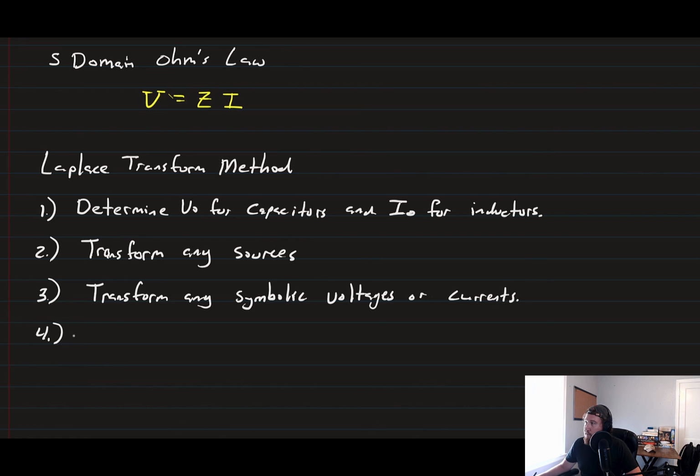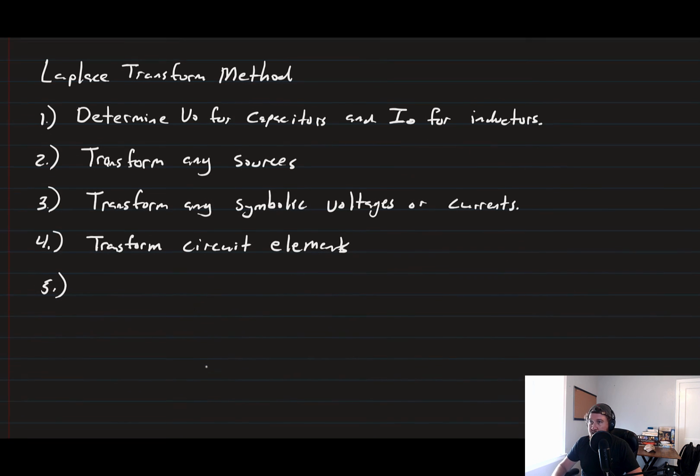And step 4, transform the circuit elements. So do what we just did, right? Take those resistors, inductors, and capacitors and transform them to their S domain equivalents. Transform circuit elements. Now, step 5 is analyze the S domain circuit.